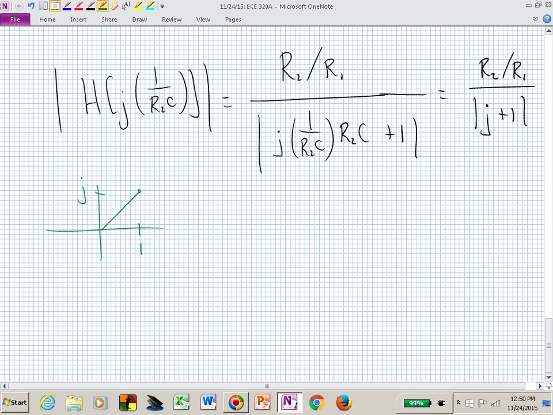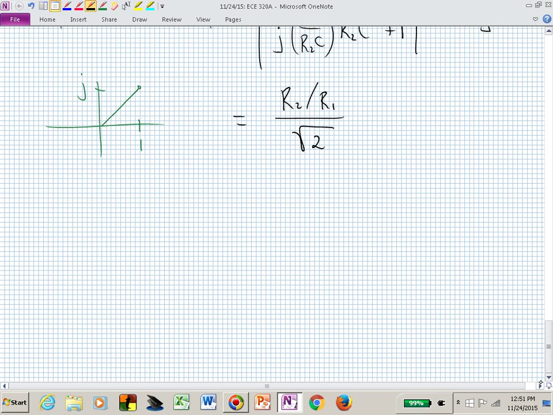Now we have this square root of 2, so that we now have this difference in magnitude between the low frequency gain of that circuit and the gain at cutoff. It's down by this factor of square root of 2, or 1 over the square root of 2. That's the magnitude of that point at the cutoff.